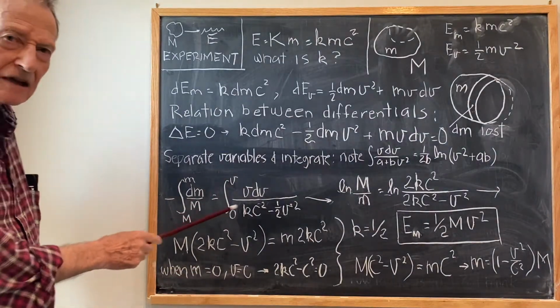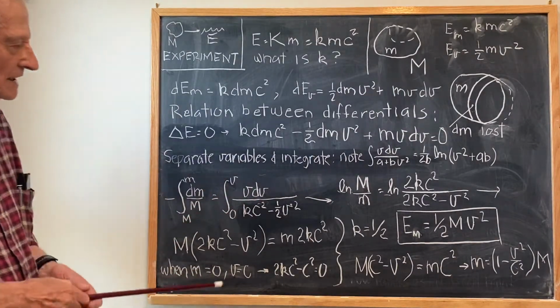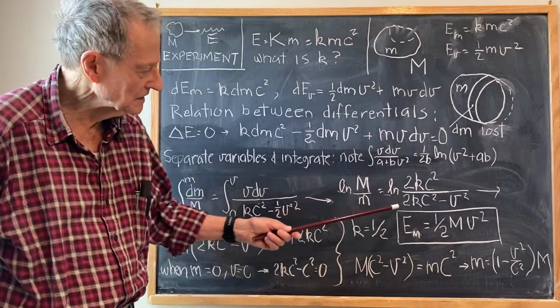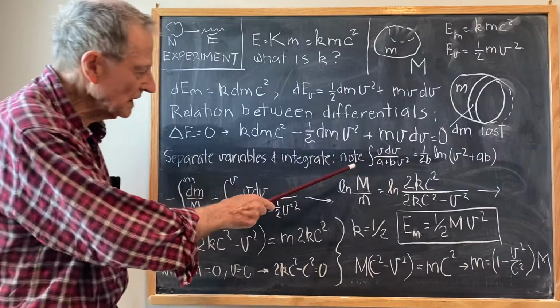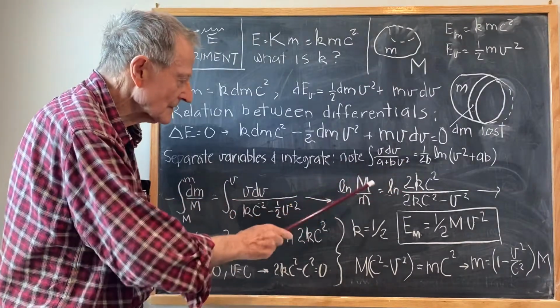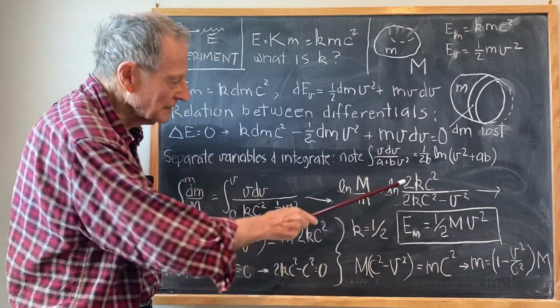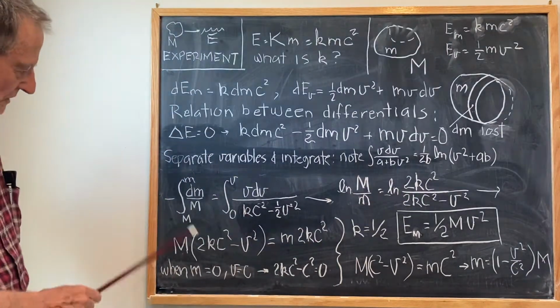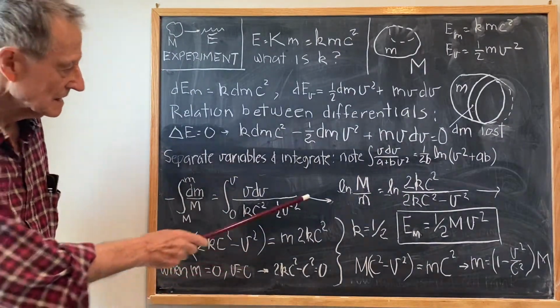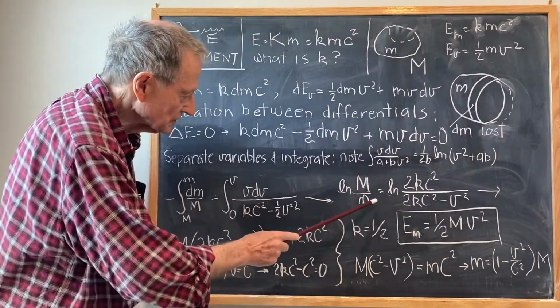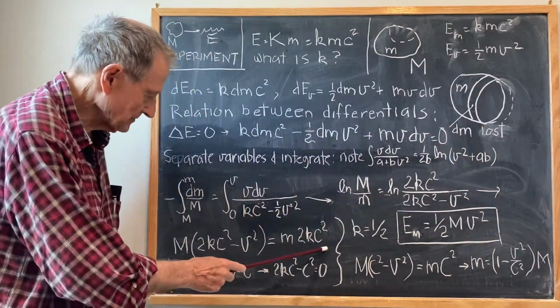Now, if you do this elementary integration, you get log M over m is equal to this term here. Now, just equating the two logs, the M over m and this term here, you get that m times 2Kc squared minus v squared, that m times this term is equal to M times that term.